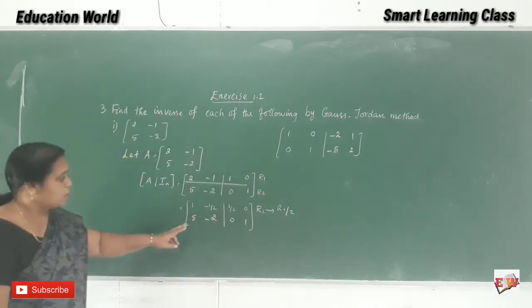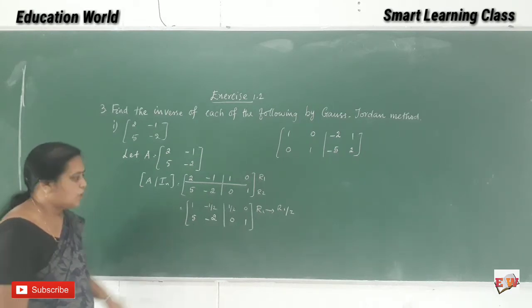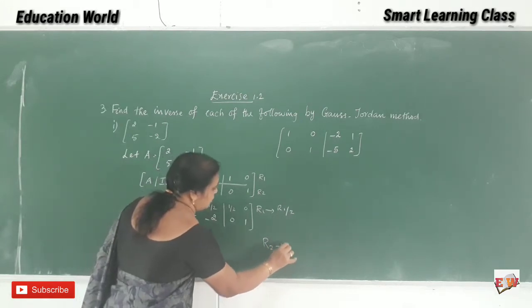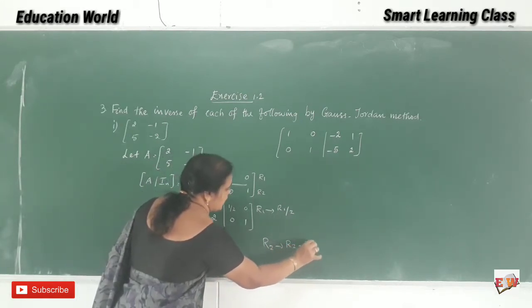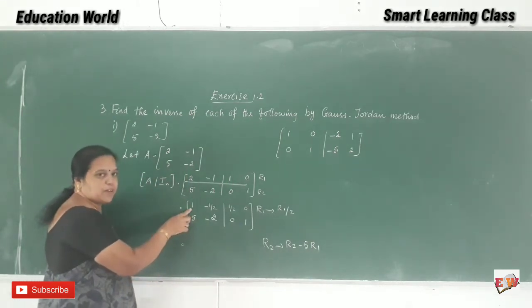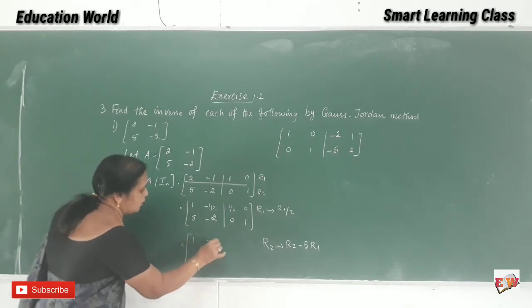Now I am going to transform this 5 into 0. For that, R2 becomes R2 minus 5 R1. Listen, here 5 minus 5 times 1 will be 0. So the first row we write as it is.